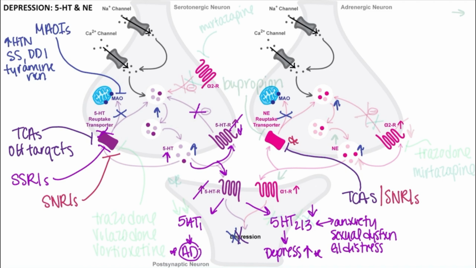So we end up with more norepinephrine over time, mostly leading to that downregulation and desensitization of those off-switch presynaptic receptors, promoting both serotonin and norepinephrine release, as well as some of those same postsynaptic changes, returning monoamine signaling to more appropriate levels.